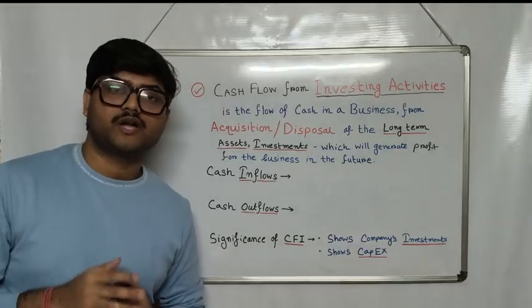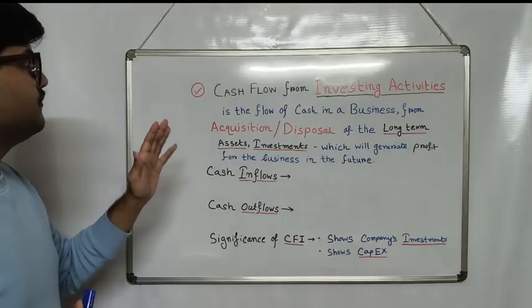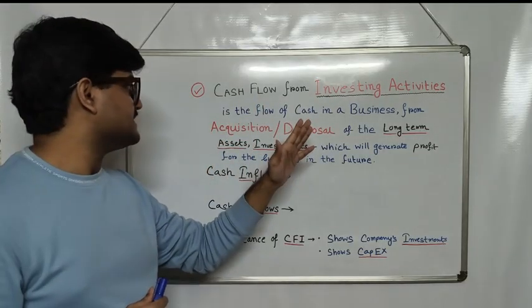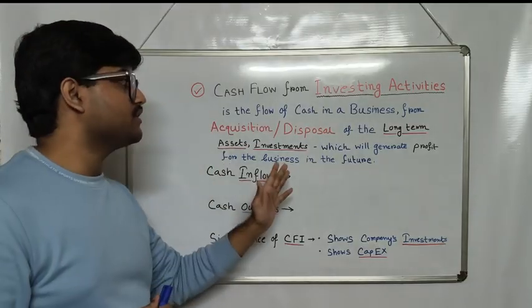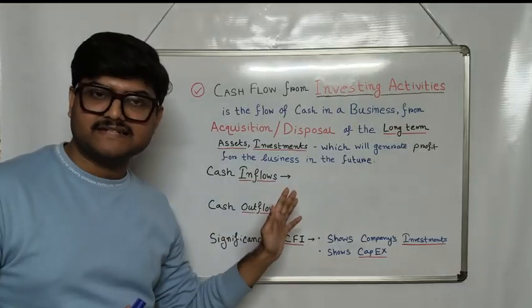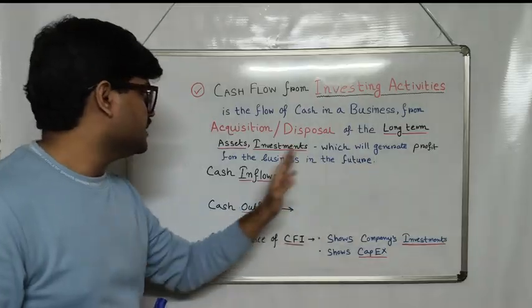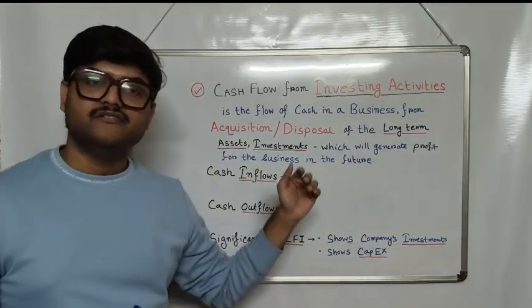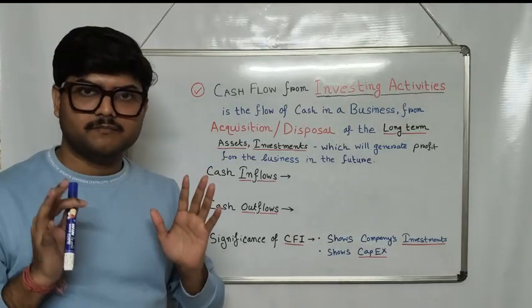Now we will talk about cash flow from investing activities. It is the flow of cash in a business from acquisition or disposal of long-term assets and investments which will generate profit for the business in the future. It is being done purely for investment purposes.